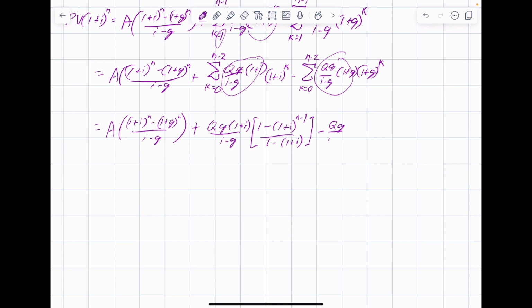And this is the a term, so I'll write that qg over I minus g, 1 plus g, and that's multiplied by 1 minus r. Well, r is 1 plus g to the n minus 1 power over 1 minus 1 plus g.